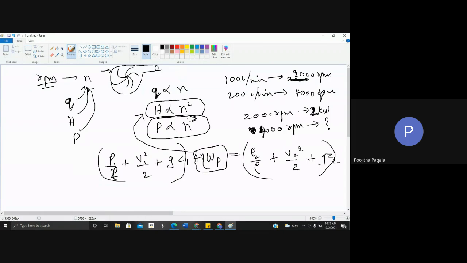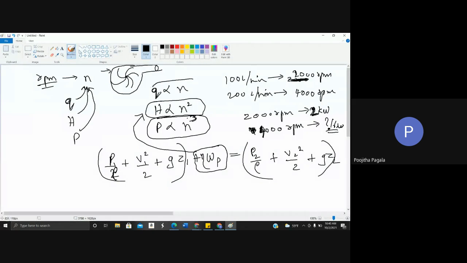It is going to be 4000 by 2000 to the power 3, so it varies as 2 cube. 2 cube is 8, so 2 kilowatt times 8 is 16 kilowatt. This is going to be the power required.